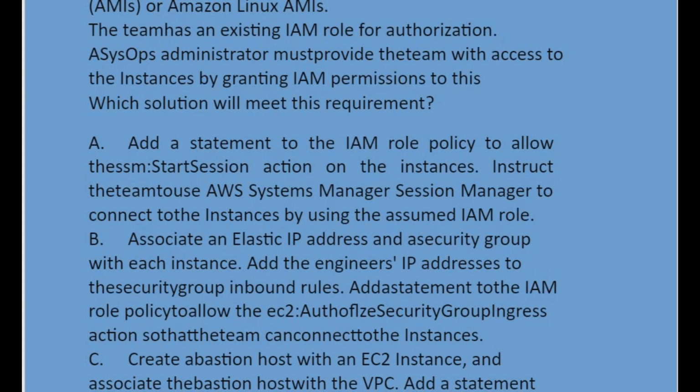Add the engineers' IP addresses to the security group inbound rules. Add a statement to the IAM role policy to allow the ec2:AuthorizeSecurityGroupIngress action so that the team can connect to the instances.